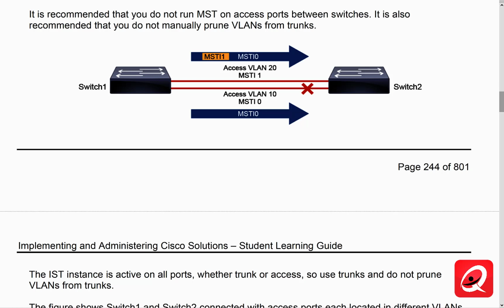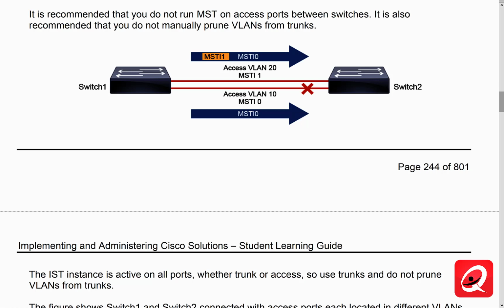So when we're exchanging the spanning tree information, the switches send the IST BPDU for instance 1, and that happens to be where our mappings are created. But because it is an IST BPDU, this BPDU contains information for instance 0. That means the IST instance is active on all the ports, but it doesn't matter whether the ports are physically active or not. So switch 2 receives the BPDUs for instance 0, but it has to block one of the ports to get rid of the loop in the topology.